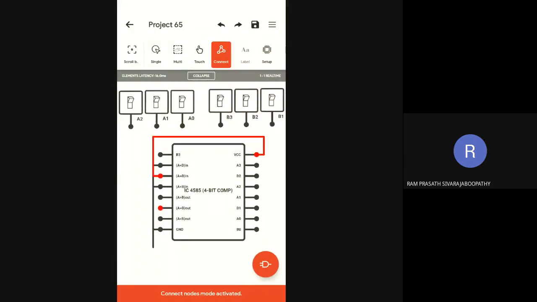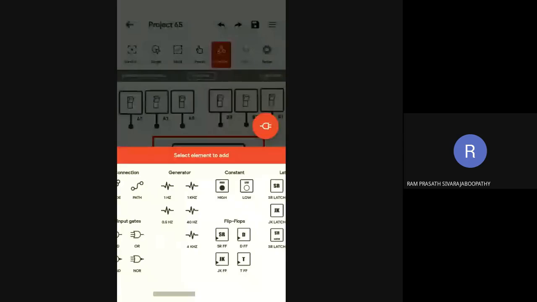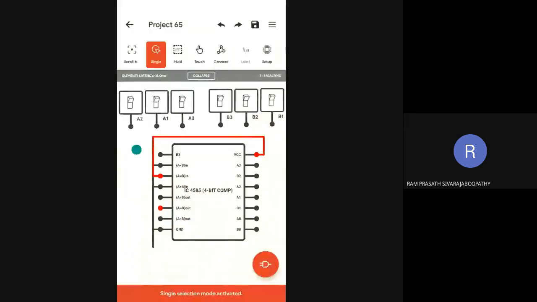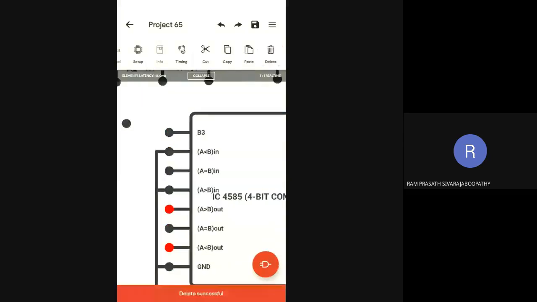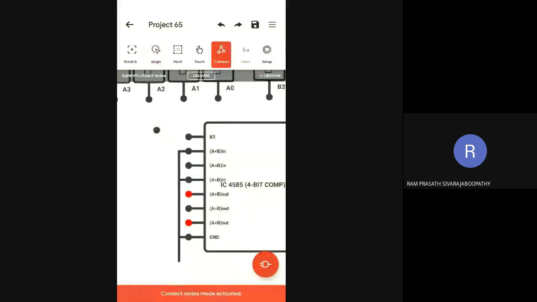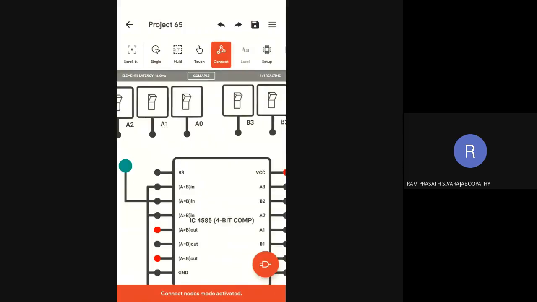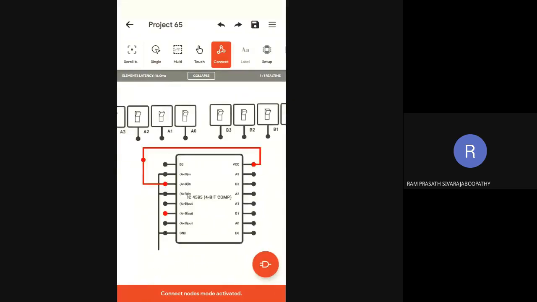If you have a doubt, use a node. If the connection is not clear, we can use a node. So I'm deleting it. From here, connect A equal to B in. I am going to connect this to VCC. That's all.